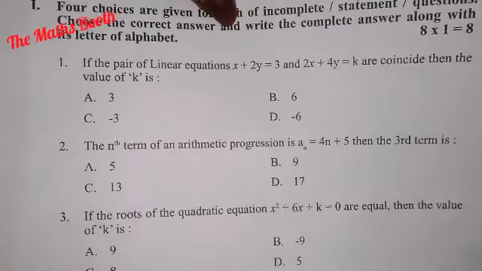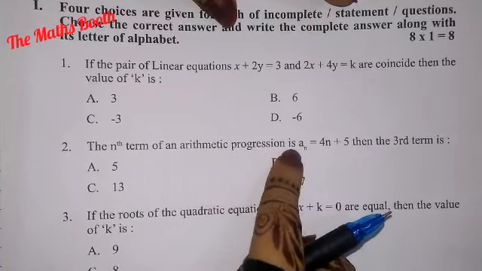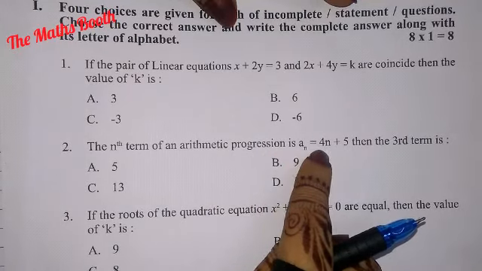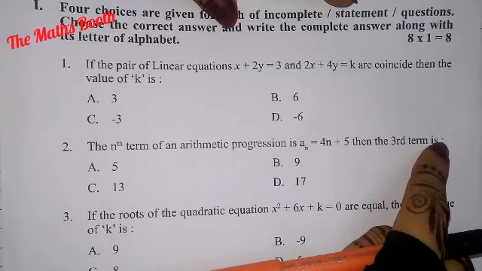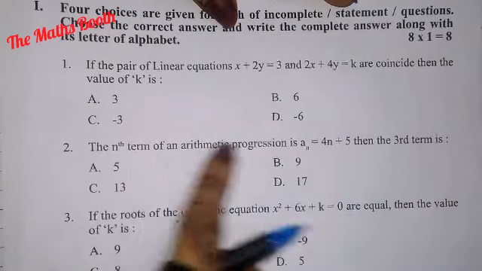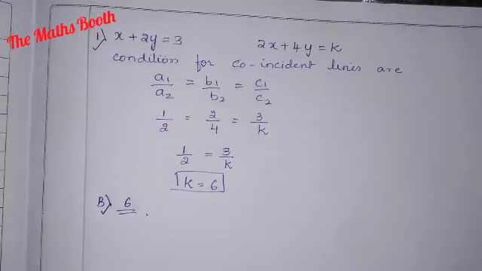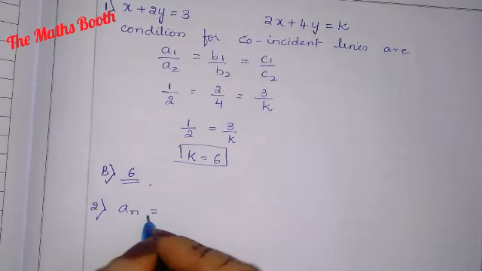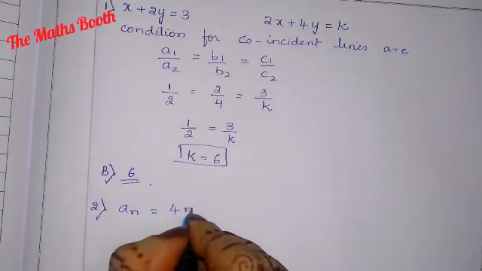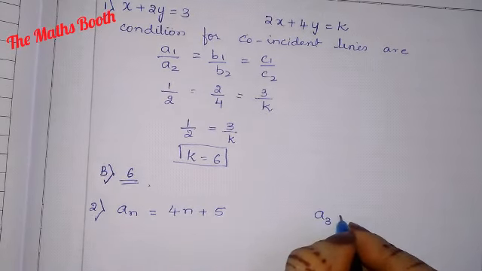Let us see the second question. The nth term of an AP, arithmetic progression, is an equals 4n plus 5. Then what is the third term? They have given 4 options here. What is given? an is equals to 4n plus 5. So third term, what is third term?